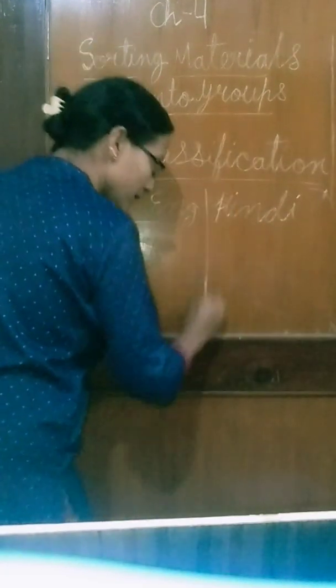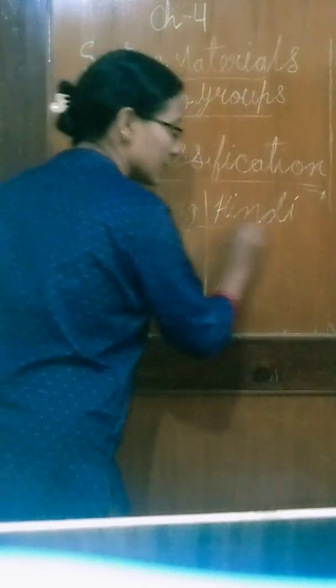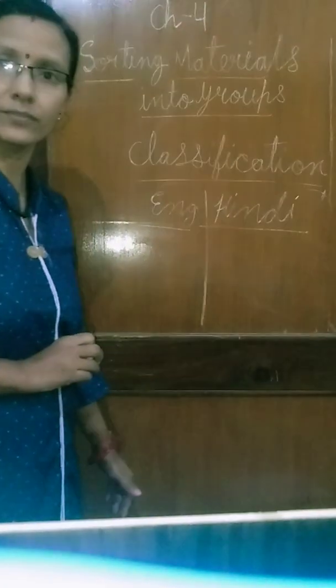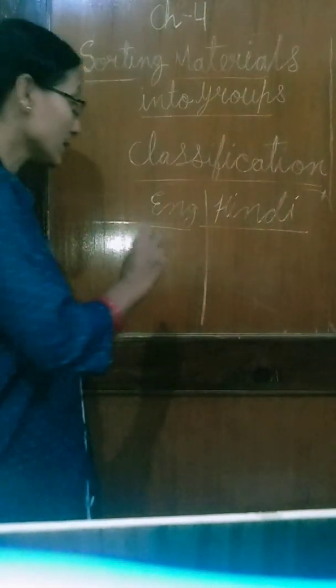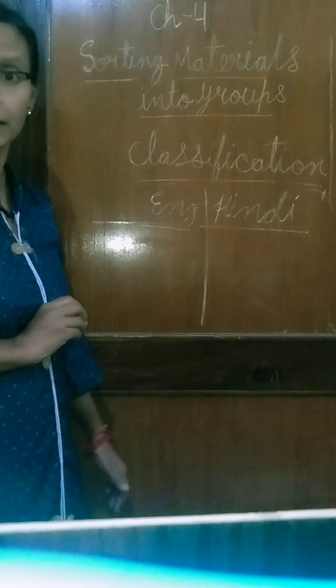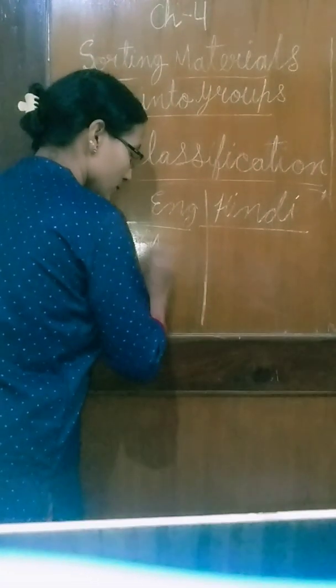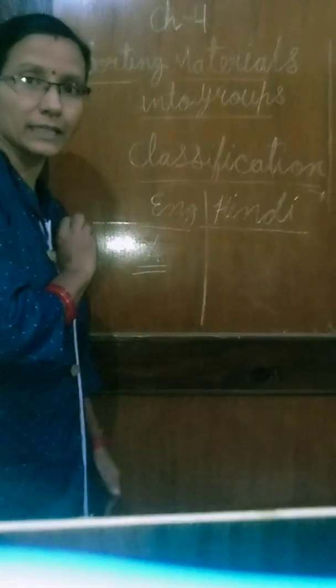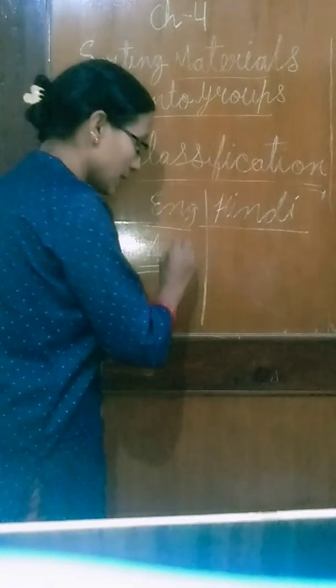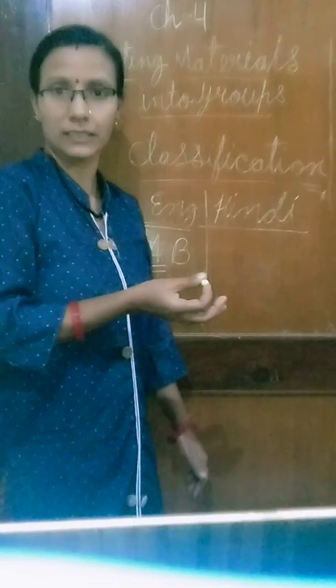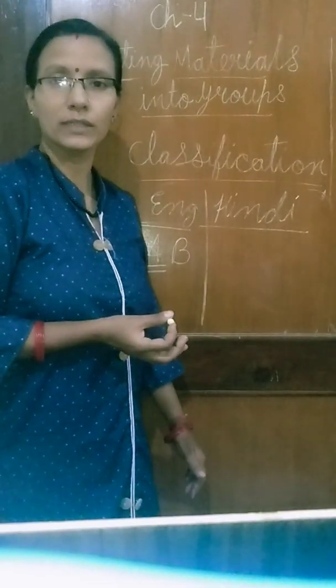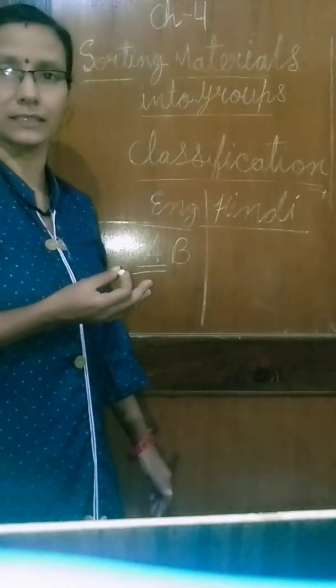Okay, so in the different groups, the books of English and Hindi are arranged on different shelves, same with the name of the author, maybe in alphabetical order, as those which start with A are kept on one shelf, those which start with B are kept on another shelf. Clear, students? So that is classifying the materials.